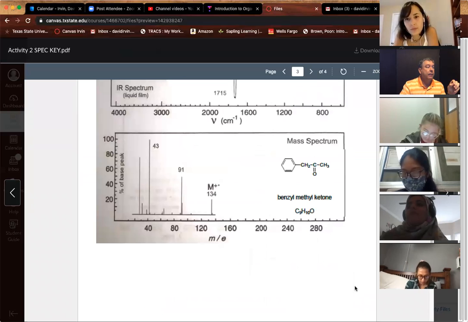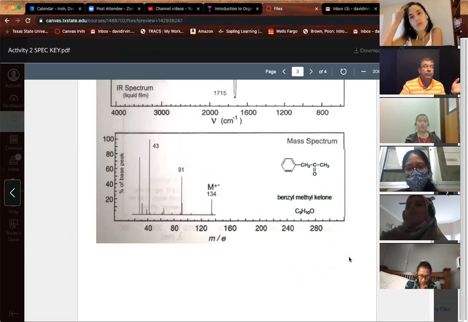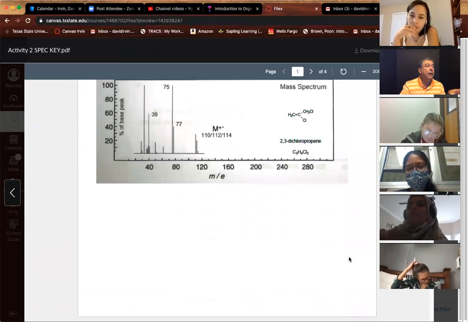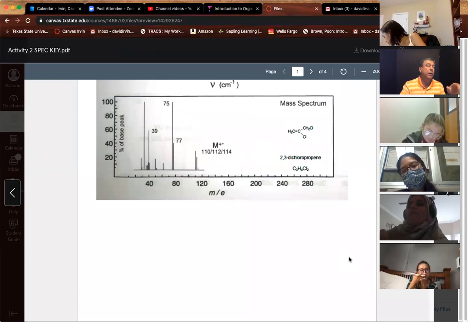The hydrogen deficiency index here would actually be 5, because we have 4 for the benzene ring and 1 for the carbonyl. And the hydrogen deficiency index here should be 1, and here should be 1 as well.